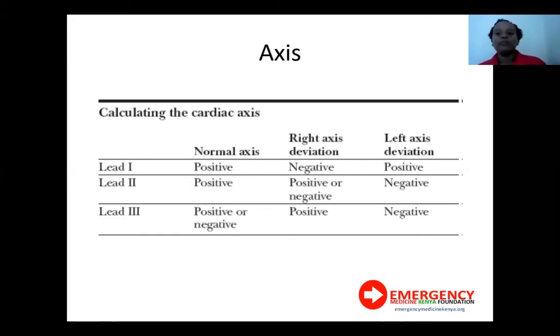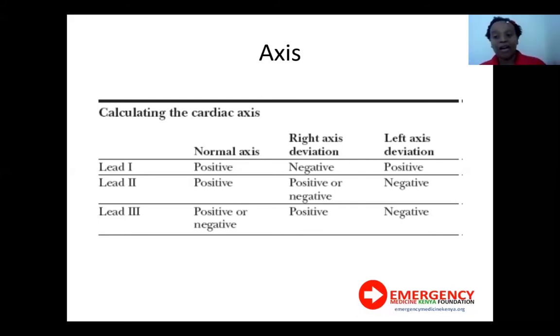So if I'm having a right axis deviation, I will look at my hand, and lead 1 falls on the left side of the X and Y axis, so the QRS should be facing downwards. And my AVF, which will be my left hand, should be facing upwards.